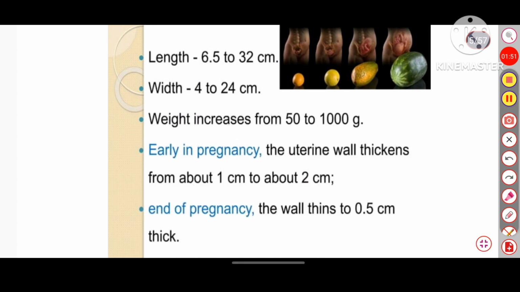As you can see, the length of the uterus increases from 6.5 to 32 centimeters and width from 4 to 24 centimeters, and the weight also increases from 50 to 1000 grams. In early pregnancy, the uterine wall thickens and measures about 1 to 2 centimeters, and by the end of the pregnancy, the wall thins to 0.5 centimeter thickness.